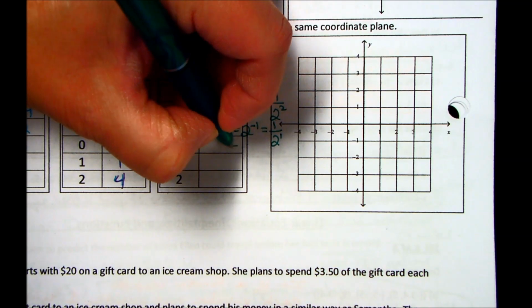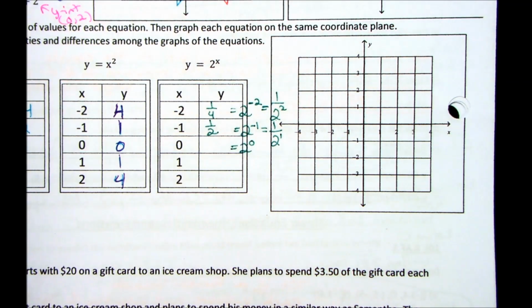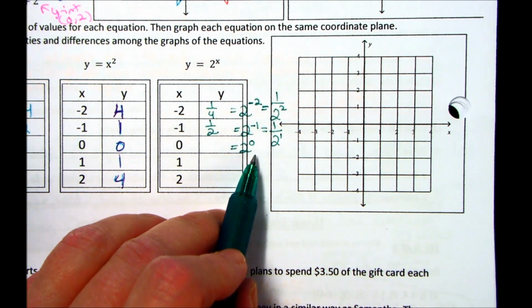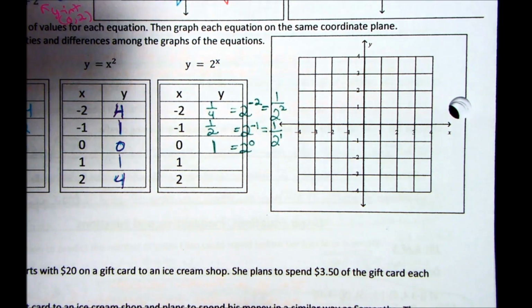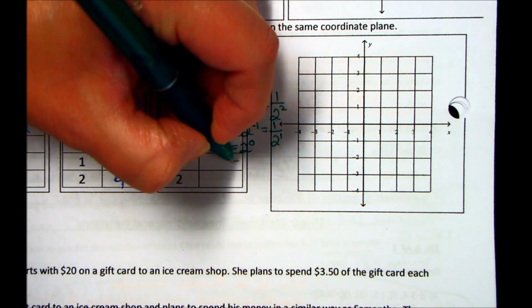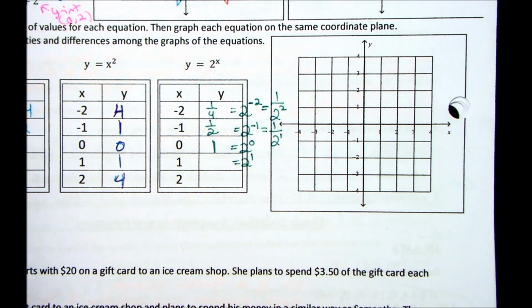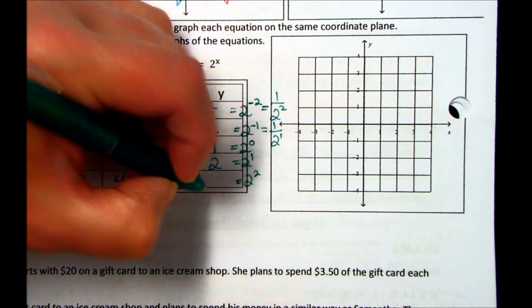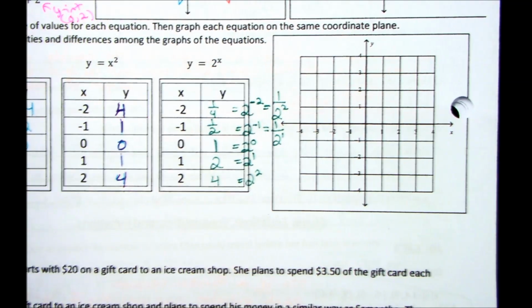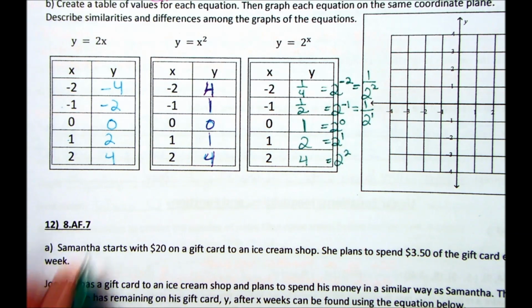All right, the next one, we have 2 to the 0 power. Well, anything to the 0 power equals 1, and that's a rule that you need to know. And then if you take 2 to the 1st power, it equals itself, and then 2 to the 2nd power is 4.